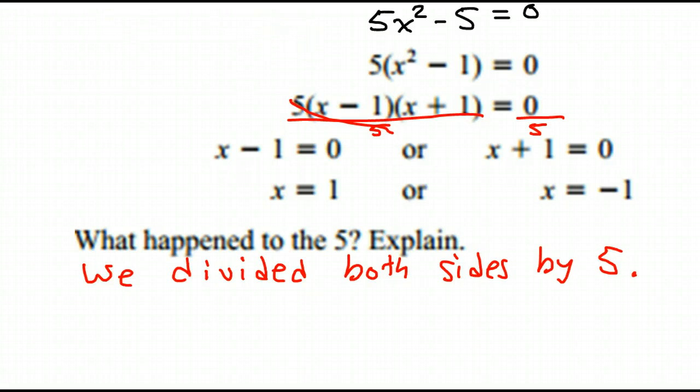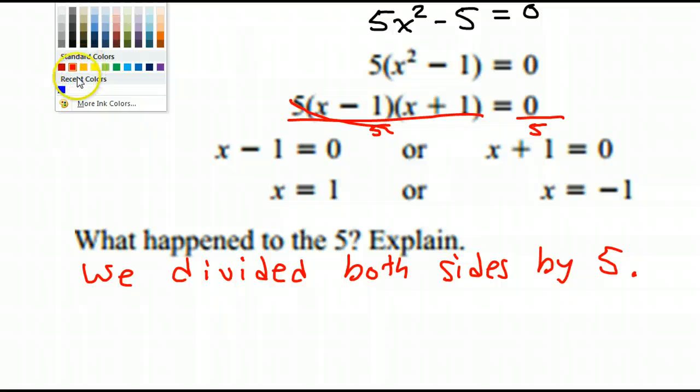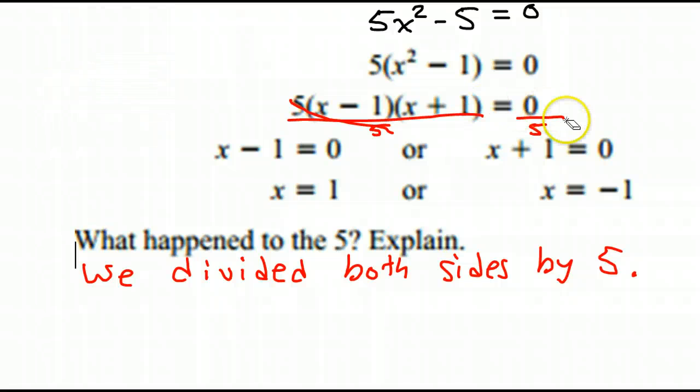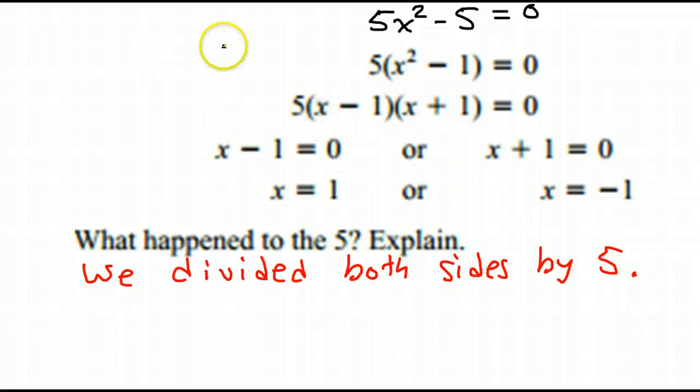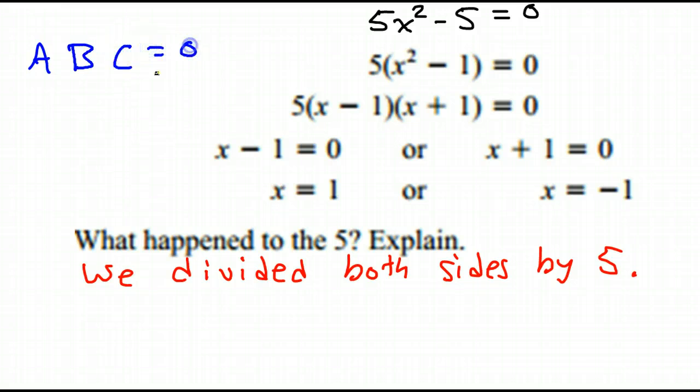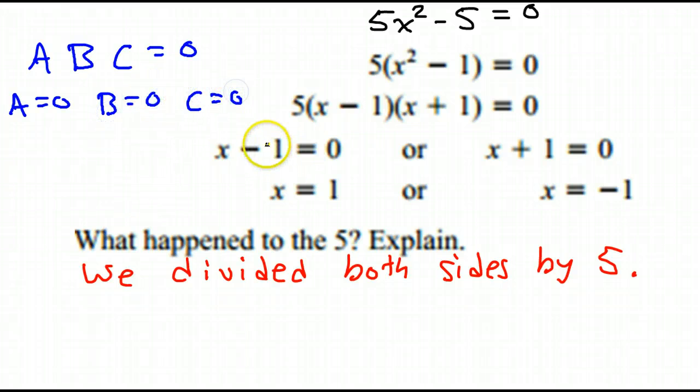Here's another way to think about it. Logic. According to the zero product property, if you have several factors multiplying together and they all equal 0, like if I had A times B times C equals 0, well, then either A equals 0 or B equals 0 or C equals 0.